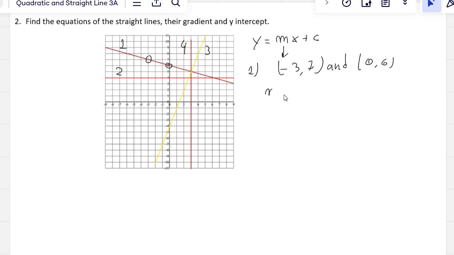And the gradient we said is the y change, so it's 7 minus 6, divided by the x change, -3 minus 0. So this is 1 over -3. So the gradient is m equals -1/3.